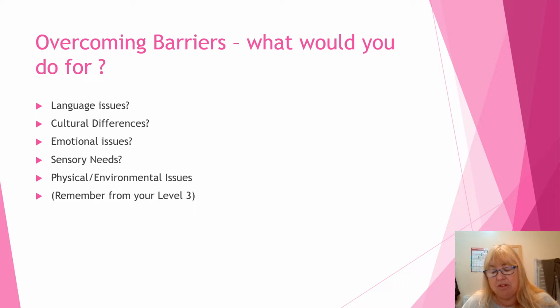One of them is language issues, cultural differences, emotional issues, sensory needs, physical and environmental issues. So think back to what you did in your level 3 and maybe jot down some ideas for each one of those before you move on to the next slide. See what you can remember.